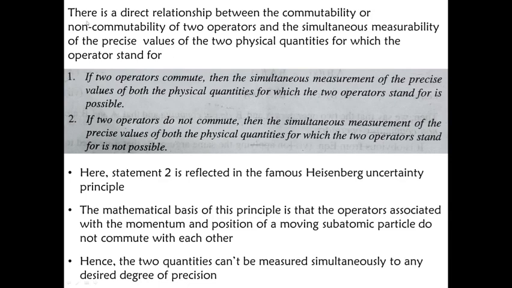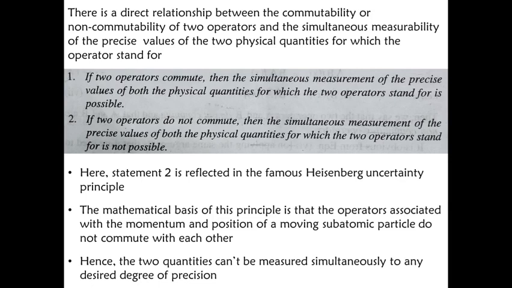This point brings us to the uncertainty principle, which states that we cannot measure precisely the position and momentum of a moving subatomic particle, right? So we cannot find precisely the momentum and position of a moving subatomic particle. That's what the uncertainty principle says.